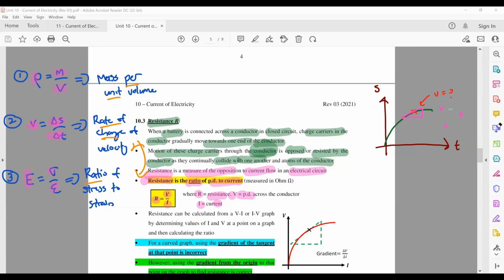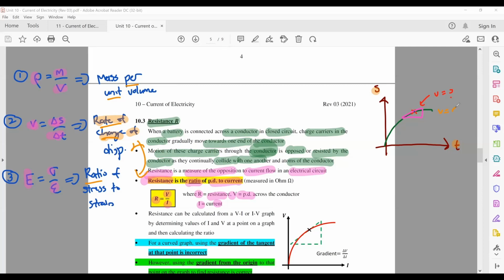Sorry, maybe I better just write this in a different color. If you have a graph of displacement versus time here, because velocity is defined as rate of change of displacement, if I ask you what's the velocity here, it will be the gradient of the tangent.